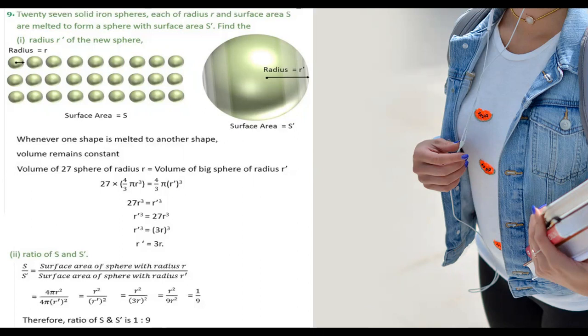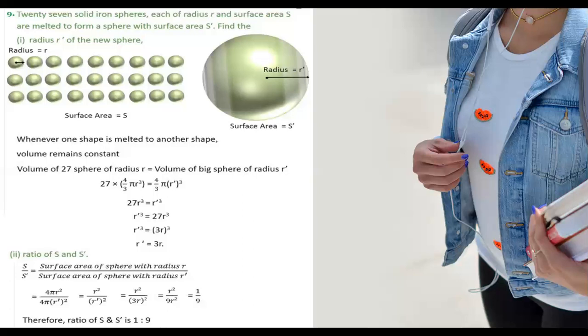Now we need to find the radius r dash. When we melt these small spheres, their volume remains constant. So the volume of 27 spheres of radius r will be equal to the volume of the big sphere of radius r dash.